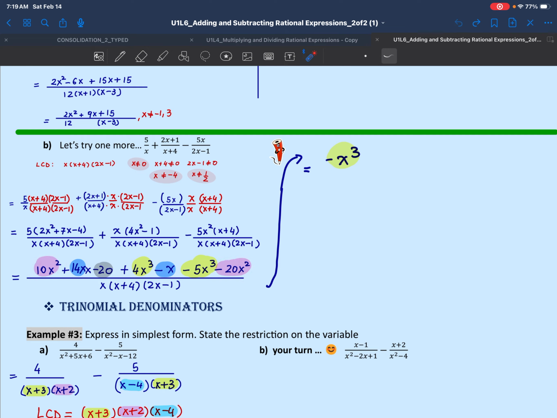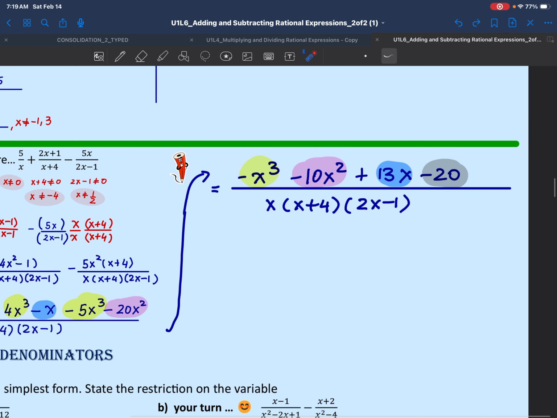That makes negative 10x squared. 14x and minus x, this is a typo by the way, and 14 minus 1 will make 13x, and the only constant term is minus 20, divided by the lowest common denominator. So this would be the most simplified form.